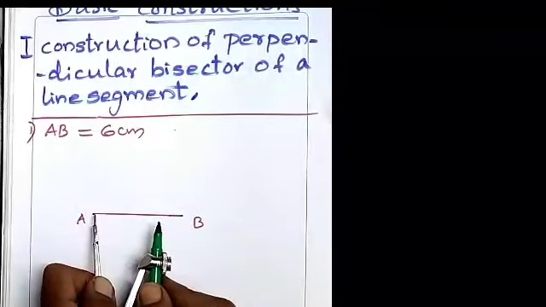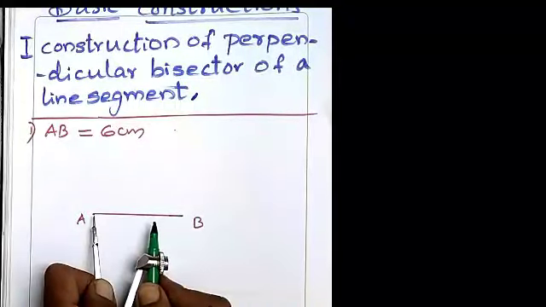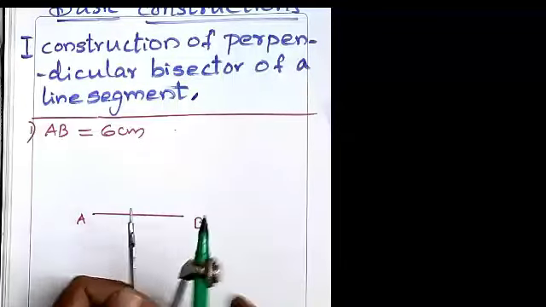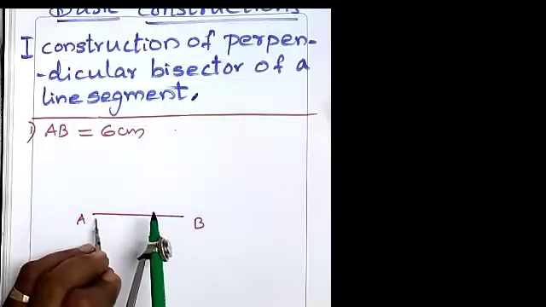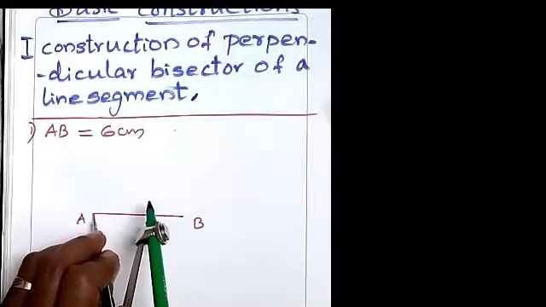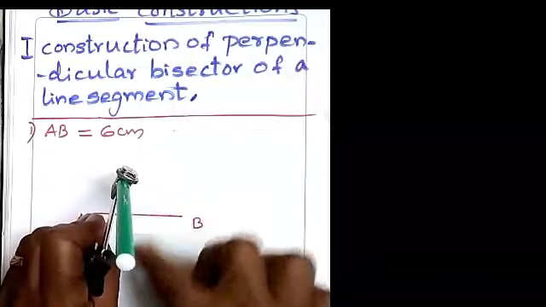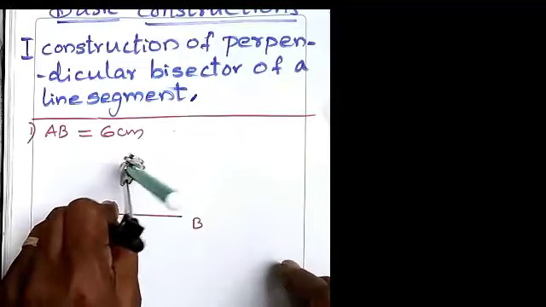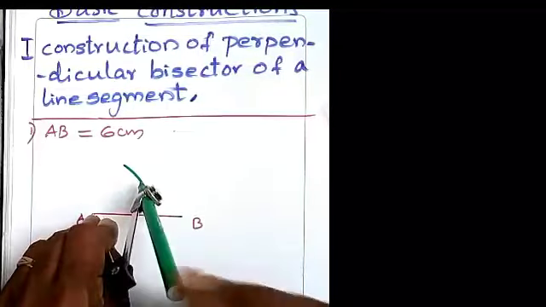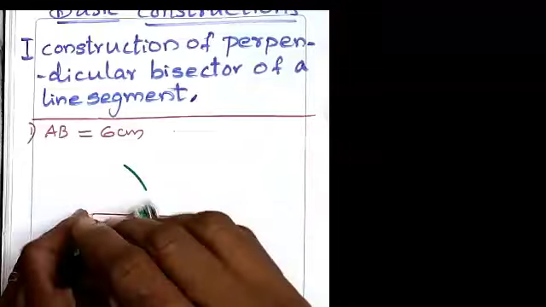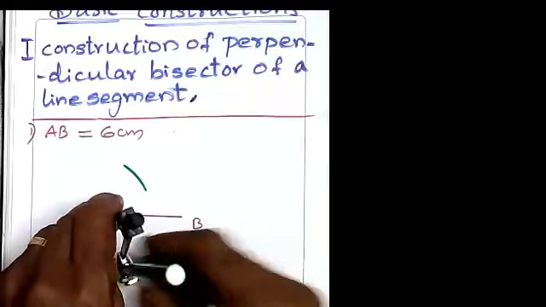So 3/4, just we are selecting 3/4. First step, metal tip at A and draw two arcs on both sides of AB. Both sides means upper side and lower side. So you draw an arc like this and on the other side also you need to draw it.